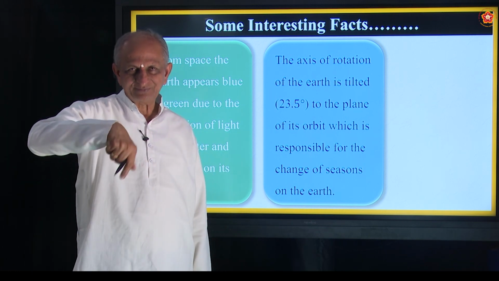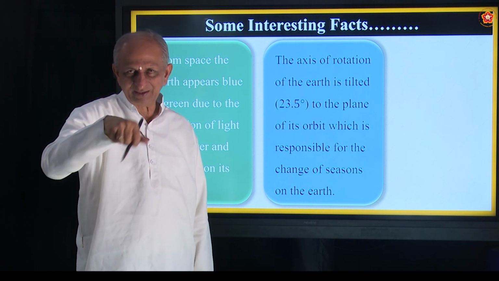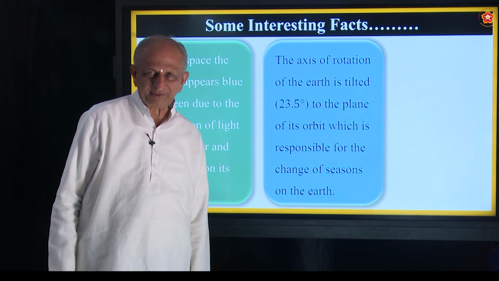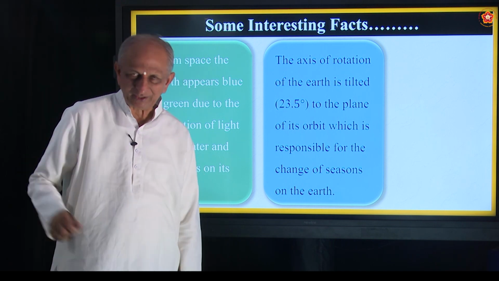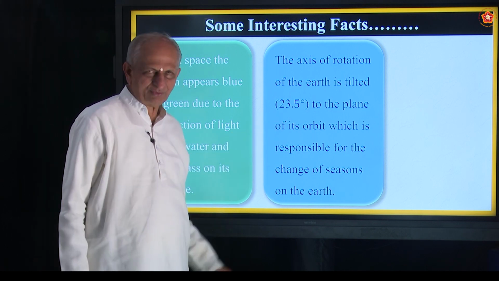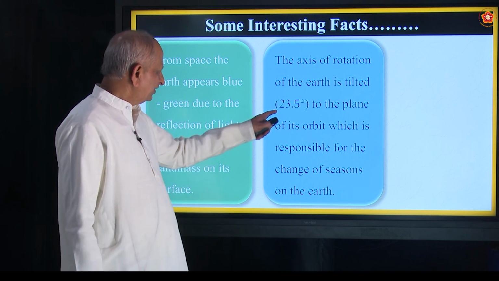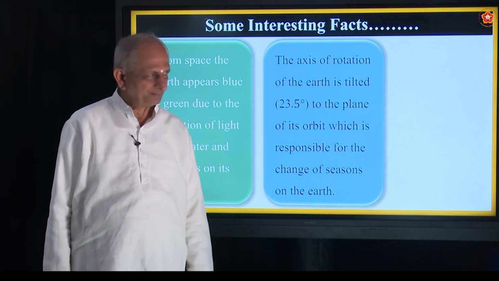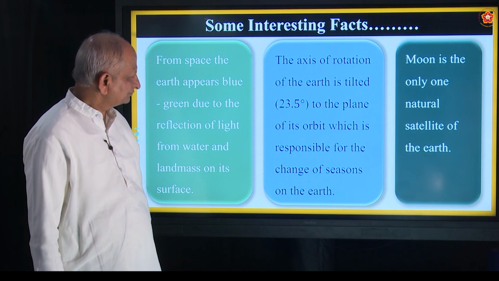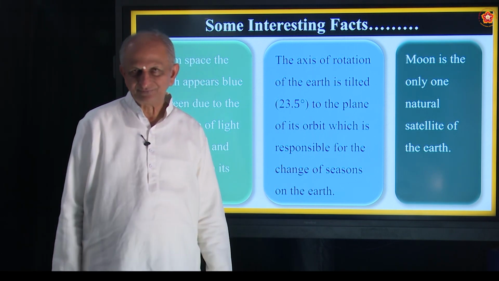It starts spinning. And there will be an axis, one nail will be there. On the nail it rotates. After some time what happens? It rotates with an inclination. So also the earth, about its axis, is inclined at an angle of 23.5 degrees. Because of that we have change of seasons.